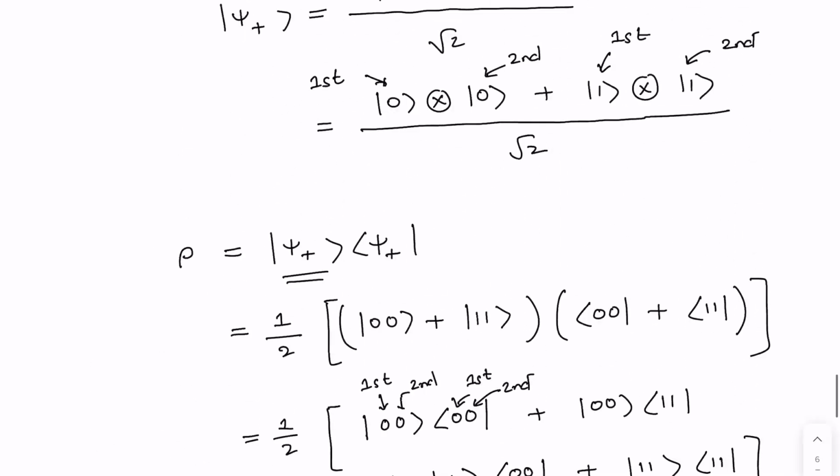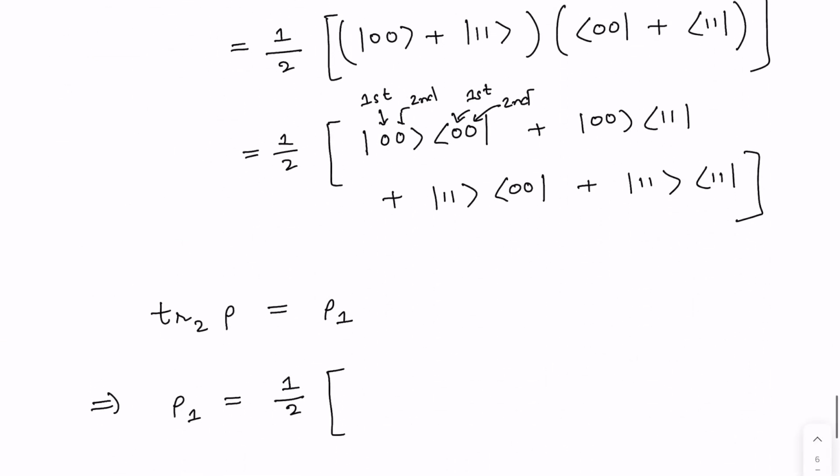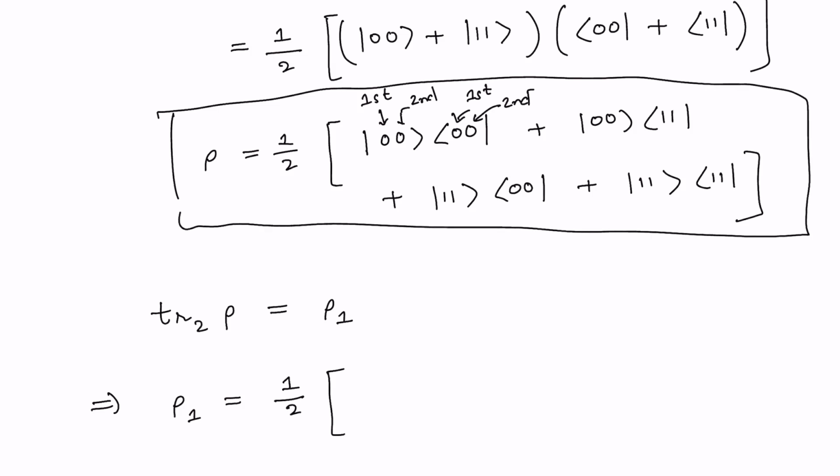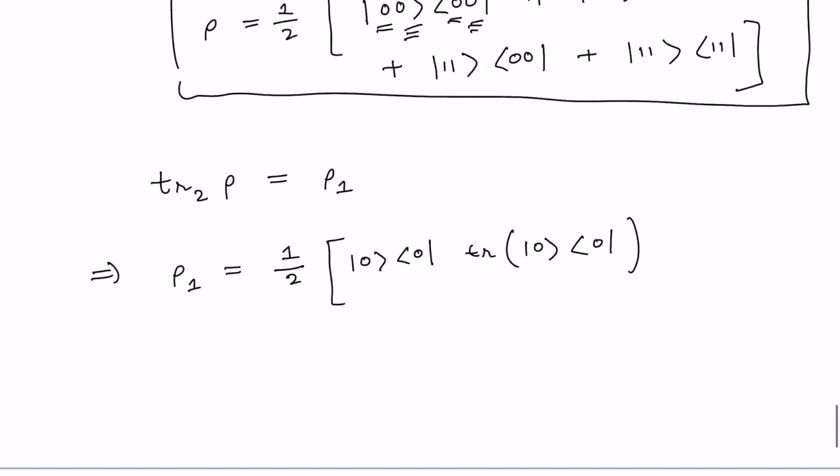As we have already seen this prescription, let us apply it. Let me explain. This is my rho, and the first qubit is going to remain unaffected. So let me take out the first qubit, and then I have to take the trace operation on the second one. That is ket 0 bra 0. Similarly, I'm going to do it for all the other elements.